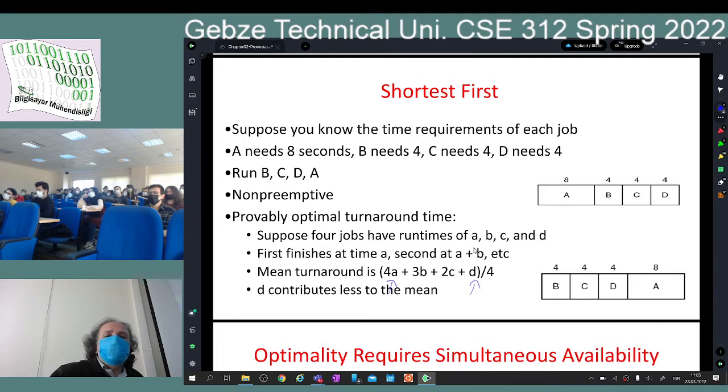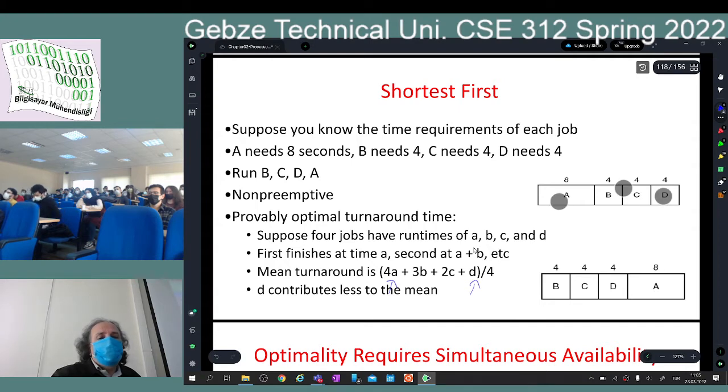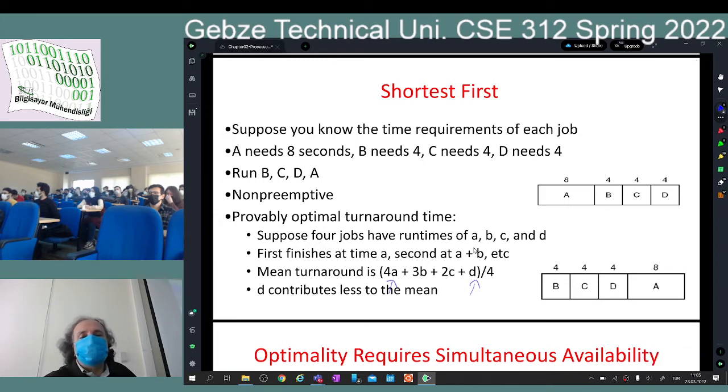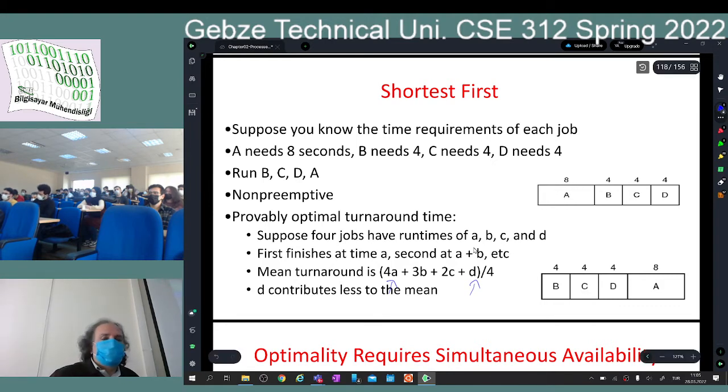For D to run, I have to run A first, then B, then C, right? So for D, I will have to wait 8 plus 4 plus 4, so it is 16, 20 minutes for D to finish. For C to finish, it will be A plus B plus C, I have to wait 16 minutes. For this one it is 12, and for this one, 8.